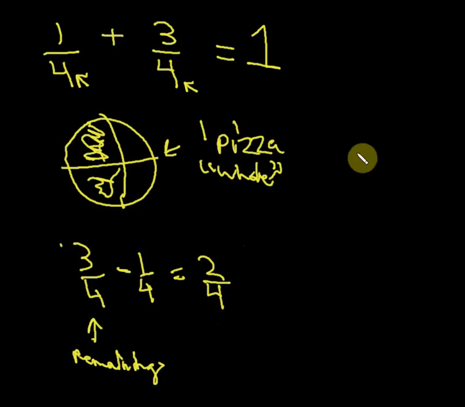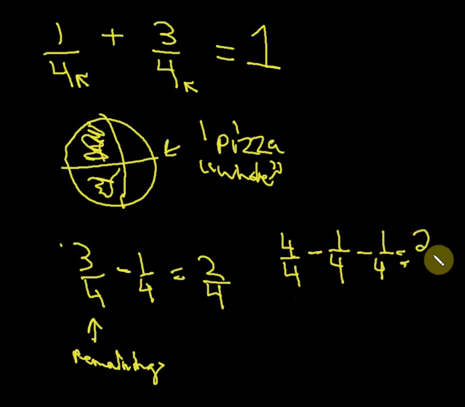And we also could have done this by saying we had 4 out of 4 slices, and we ate 1 out of 4 slices, and we had another 1 out of 4 slices eaten, right? So 4 minus 1 minus 1 is 2, and we're not changing the bottom because this is how many total slices we have. So 2 out of 4 slices.